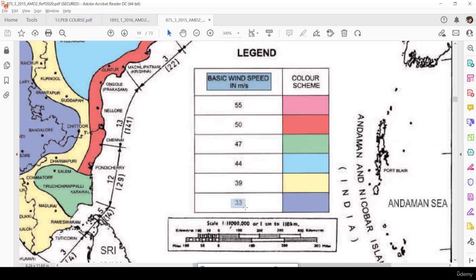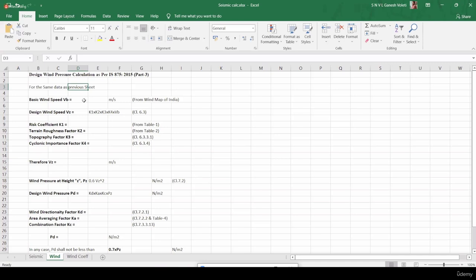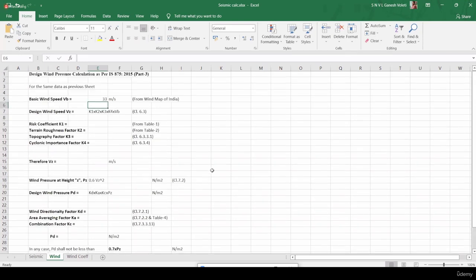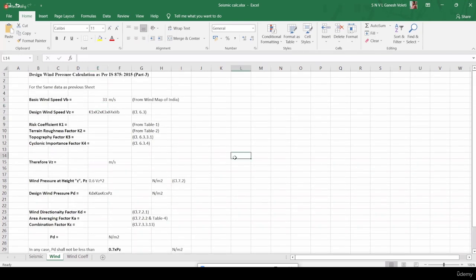So I'm going to note that basic wind speed as 33 meters per second. For the calculation of design wind pressure, we need to calculate design wind speed.